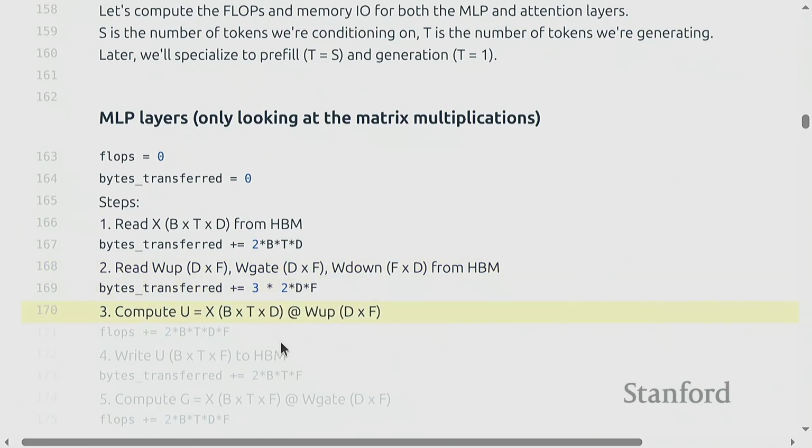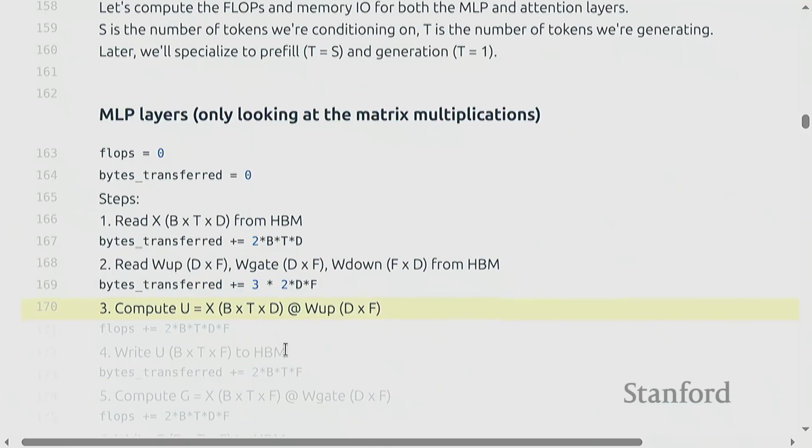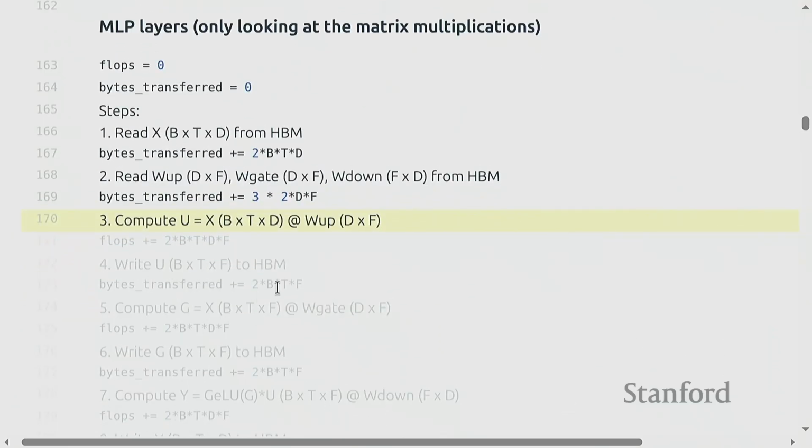Then you do the up projection. That's some number of flops: B times D times T times F. Whenever you multiply two tensors, the contracting dimension only gets counted once, whereas the other dimensions you just gather together. You need to write it out.